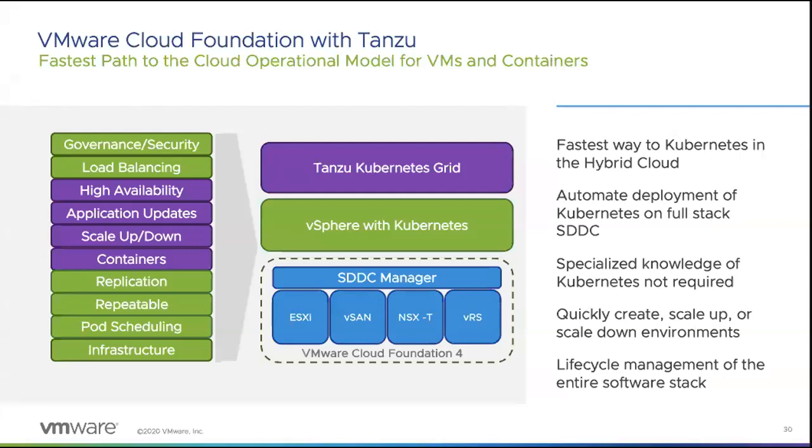On top of that, you have vSphere with Kubernetes, and then you deploy a Tanzu Kubernetes Grid. The infrastructure is managed by Cloud Foundation and vSphere with Kubernetes. The managing and orchestrating of containers, scaling, and all that can be done from the Tanzu Kubernetes Grid. And microservices like load balancer and security can be done by vSphere with Kubernetes. So this is essentially the fastest way to Kubernetes in a hybrid cloud.